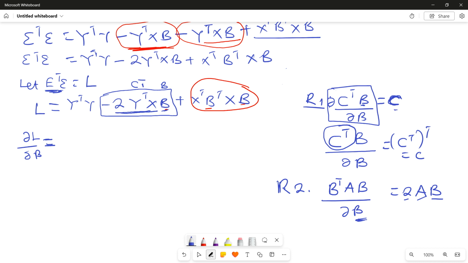So this will be the derivative of the first part. It will just be negative 2 y transpose x, but this has to be transposed.